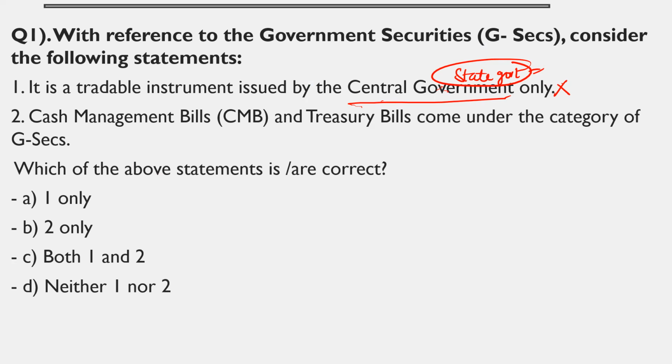It is a kind of debt instrument issued by the government to borrow money from the public to finance its fiscal deficit. It acknowledges the government's debt obligation. Some government securities are short term, and short term securities are known as treasury bills.